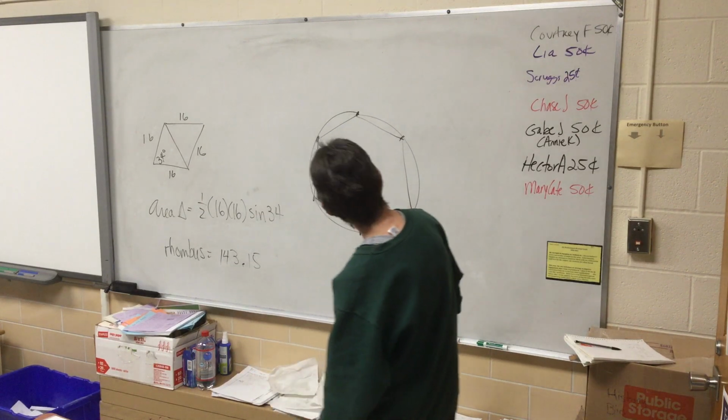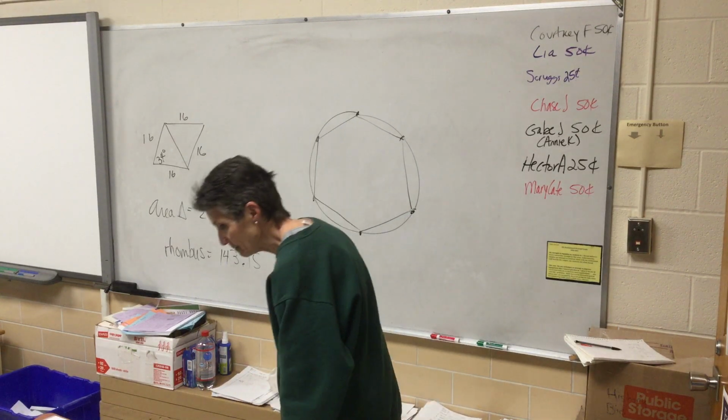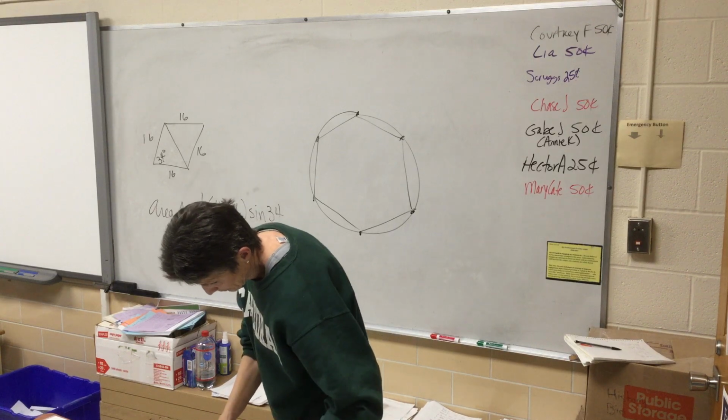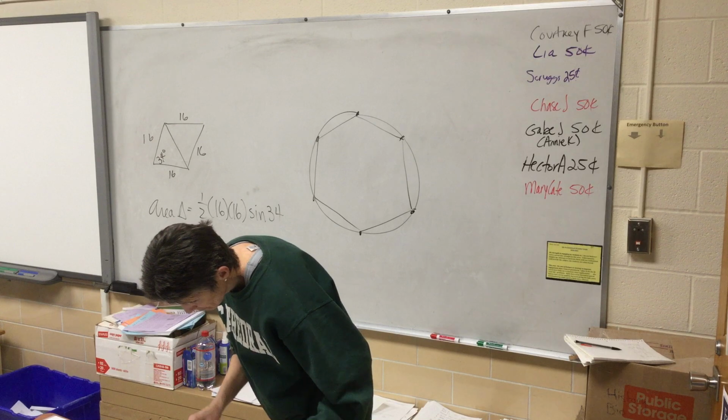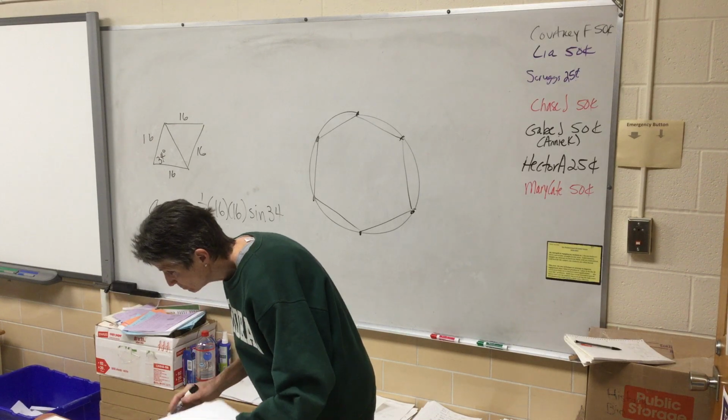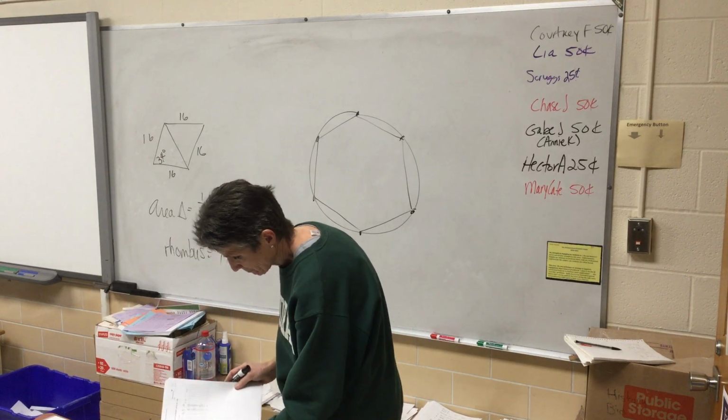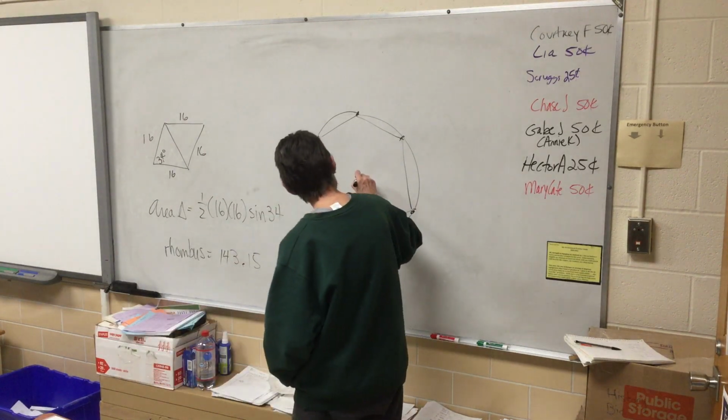So I got my 6 dots and I got them all connected. Now what do I need to do? Put the radius in. Yep. Yes. And my radius is 14.